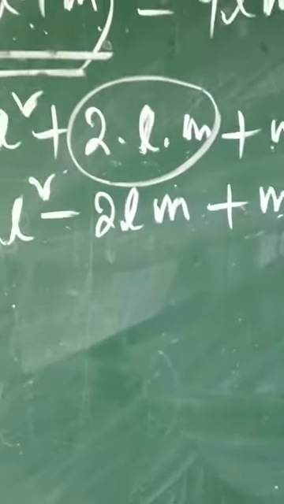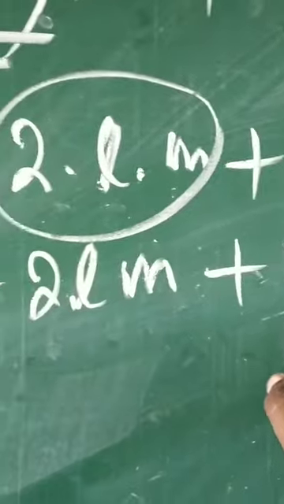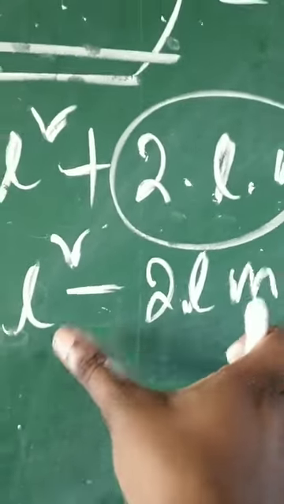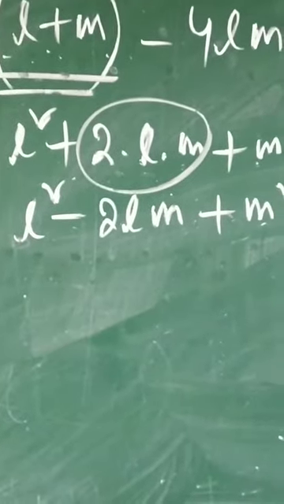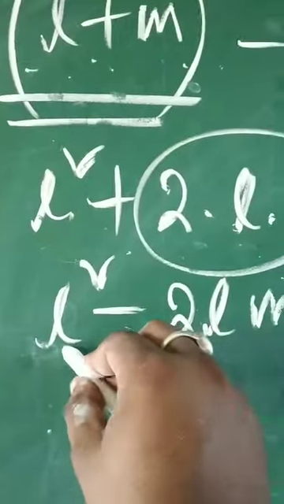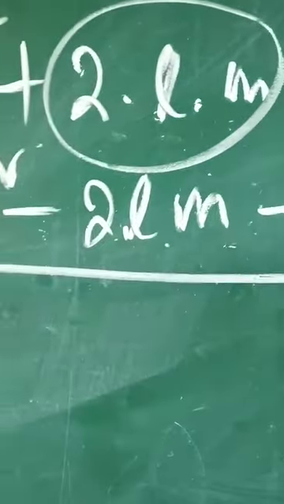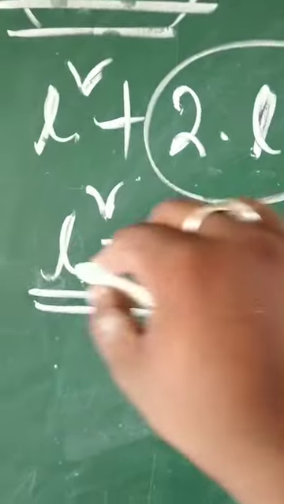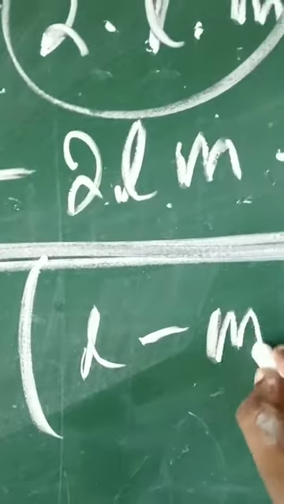So now here, this is a square minus 2ab plus b square. Now this particular part gives one more identity, that of (a - b) whole square. So here I just got l square minus 2lm plus m square. That can be factorized using (a - b) whole square.